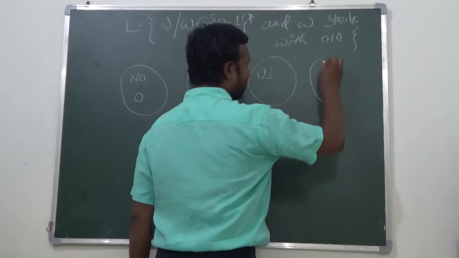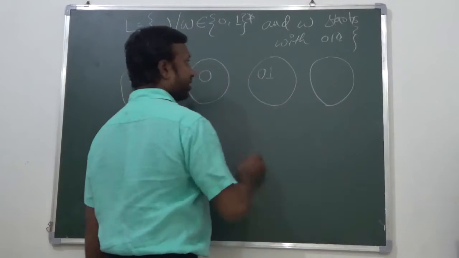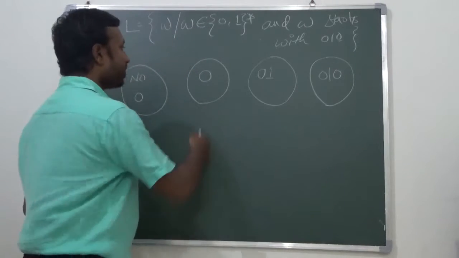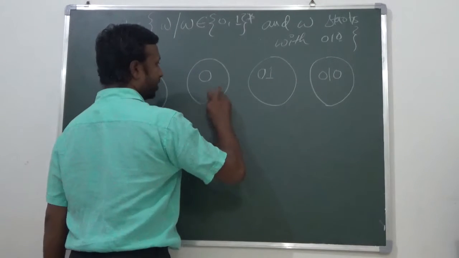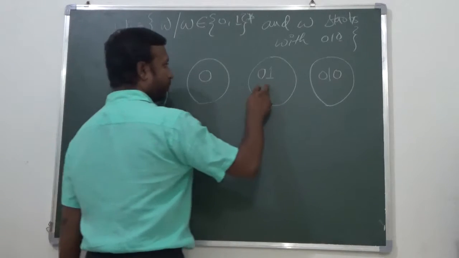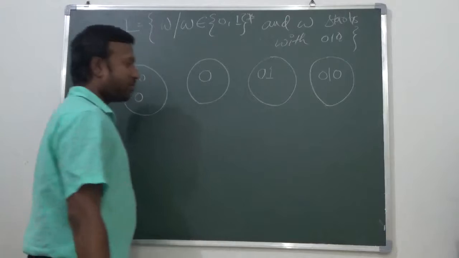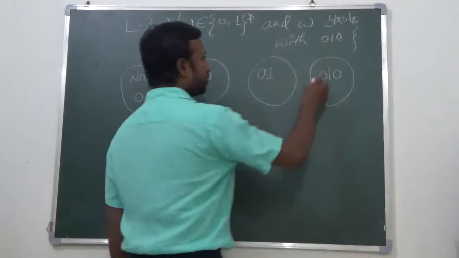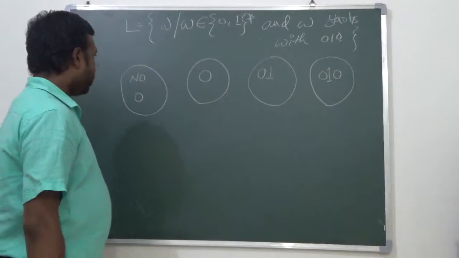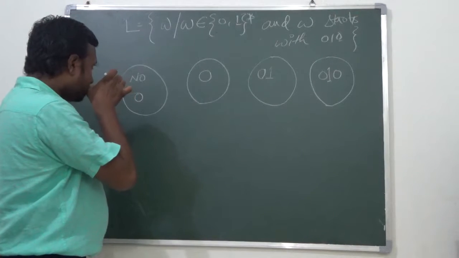Then the last thing the machine is seeing is 0, 1, 0. That is, the first 3 symbols are 0, 1, 0. That is the first 2 symbols, and this is the first 3 symbols. That is 0, 1, 0. Right?